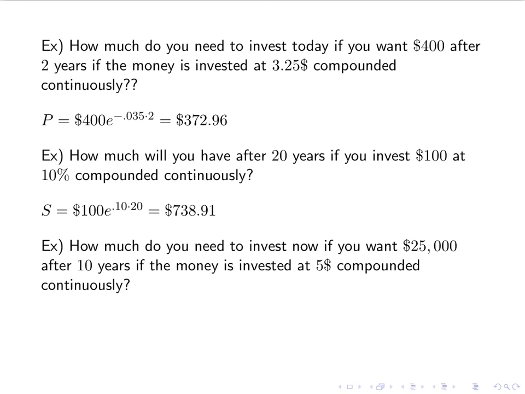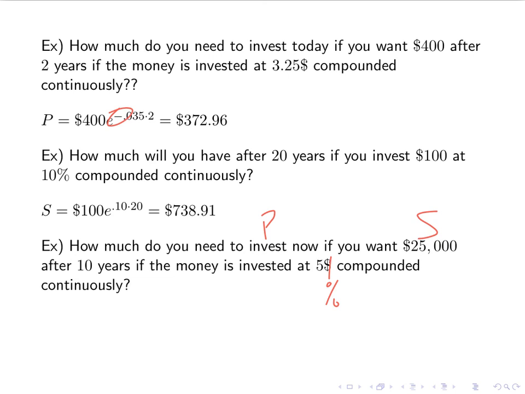And for our last one, how much do you need to invest now if you want $25,000 after 10 years, if the money is invested at 5% compounded continuously? How much do you need to invest now? That's P. So we're going to be using the negative exponent like we did up here. You want 25,000. That's the future amount.